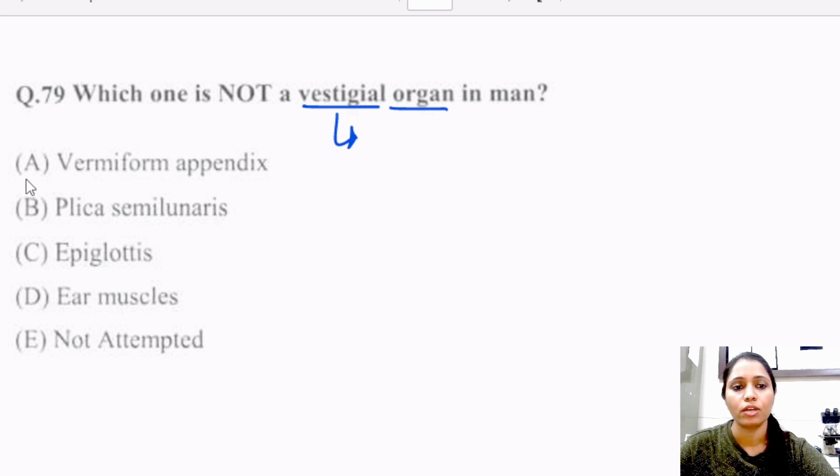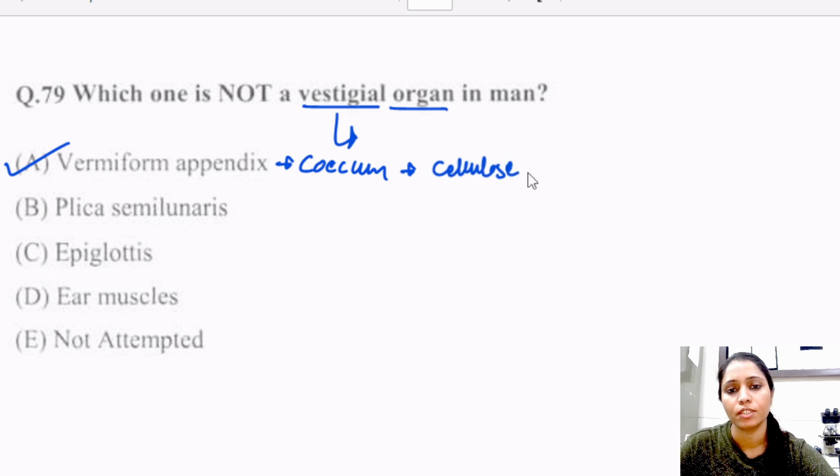Examples of vestigial organs are the vermiform appendix. It is a part of the cecum and was used for cellulose digestion. When our ancestors ate only plant-based materials, they had to digest cellulose.